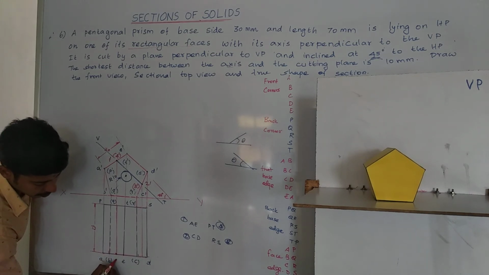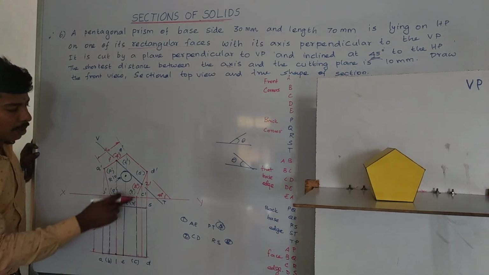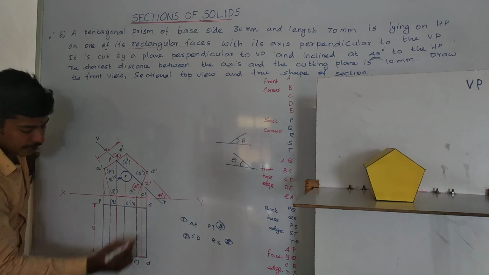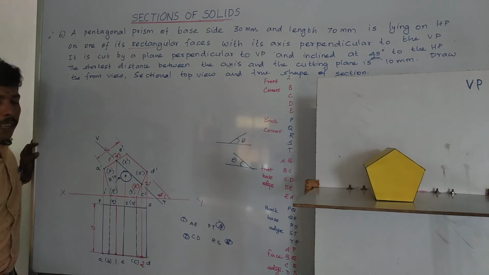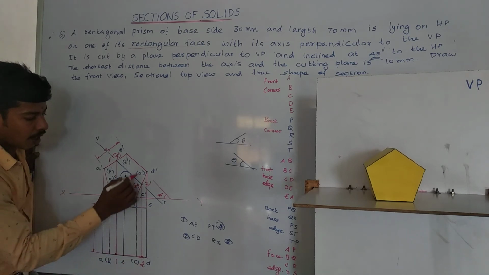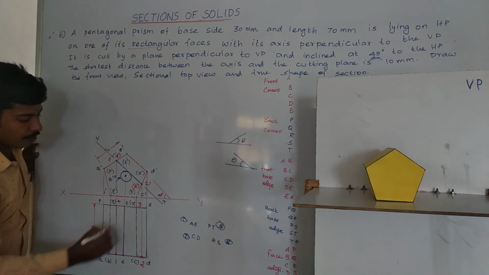So this is 1 dash, this is 1. 2 is on CD. So here on this line CD, we meet point 2. Then 3 is on RS. So this is 3. And here it is 4.